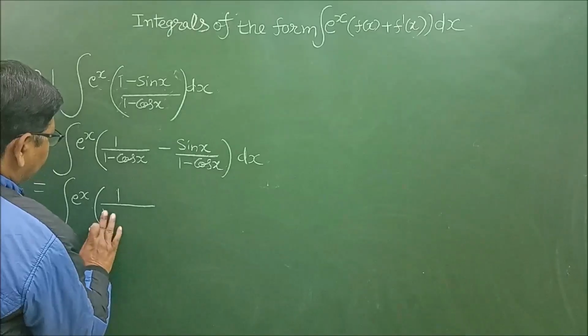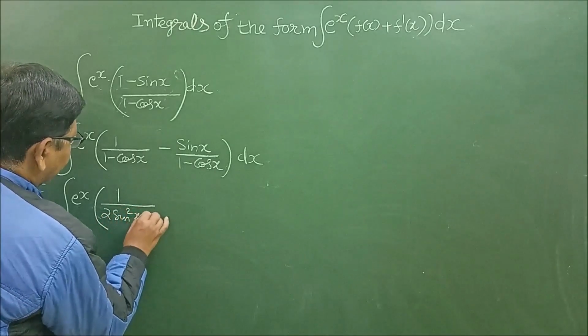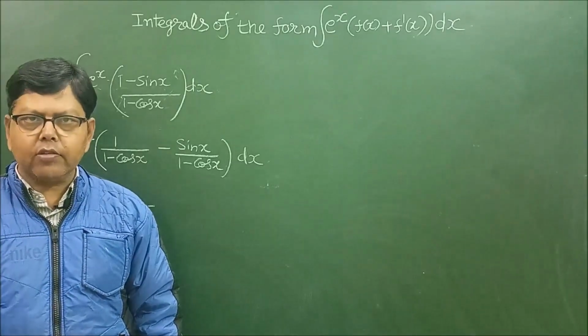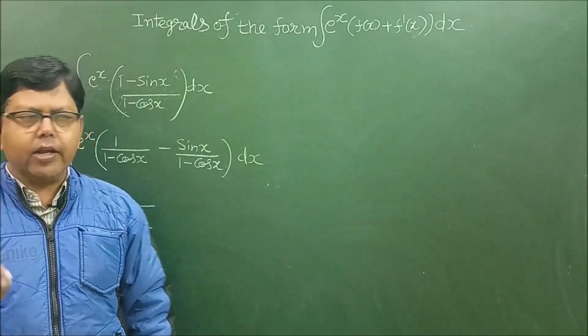Means 1 minus cos x is equal to 2 sin square x by 2, because cos x is equal to 1 minus 2 sin square x by 2, or 1 minus cos x is equal to 2 sin square x by 2.